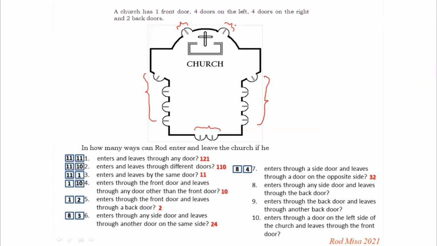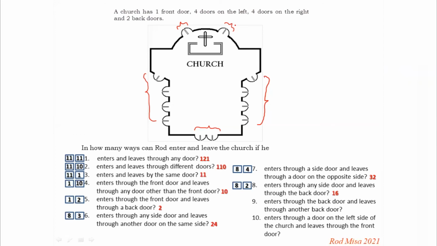But what if he enters through any side door and leaves through the back door? Then for his entrance door, he can choose any of the 8. But leaving the church, he can choose only 2 doors because there are 2 back doors in this church. So now let's proceed to the 9th question here.